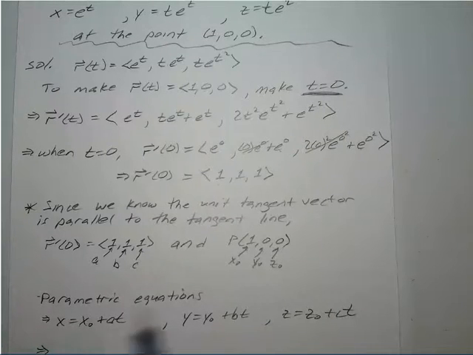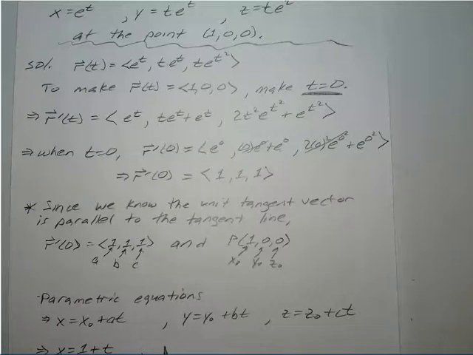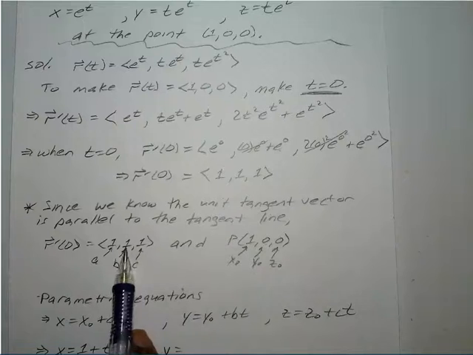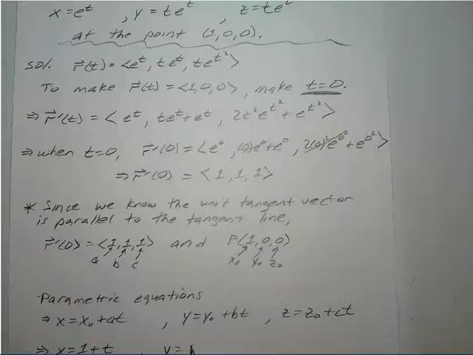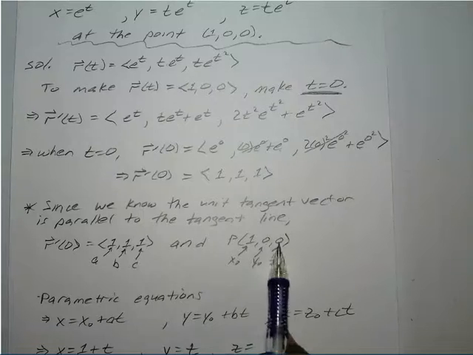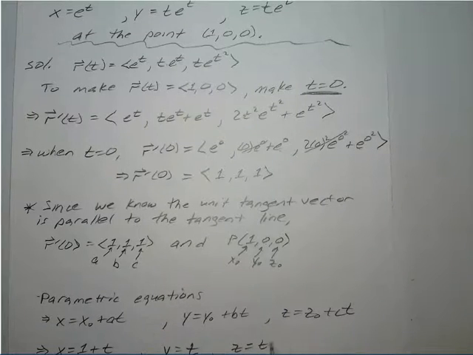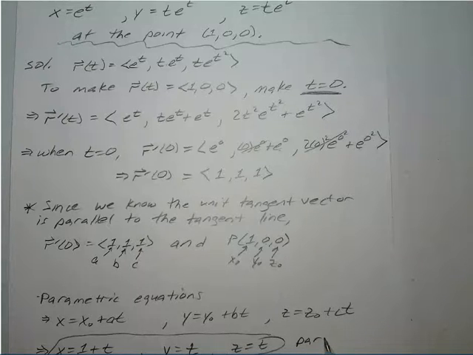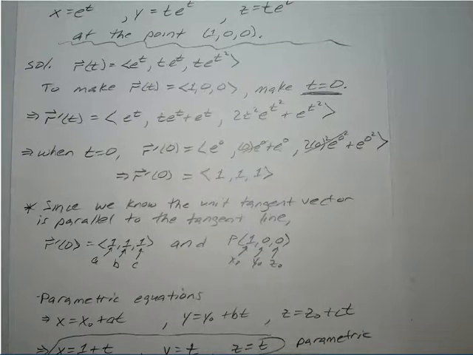So you have 1 plus 1t, so that's 1 plus t. Y is equal to 0 plus 1t, which is just t. And z is equal to 0 plus 1t, which is just t. So these are your parametric equations.